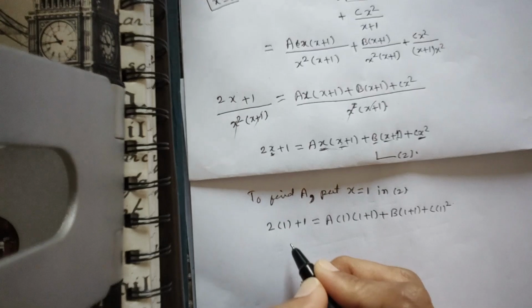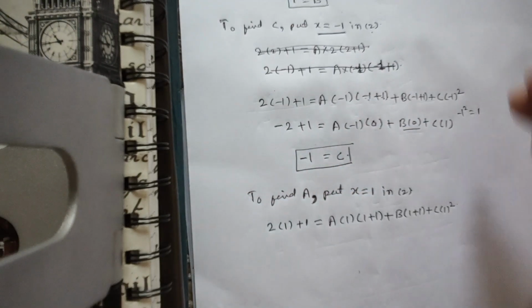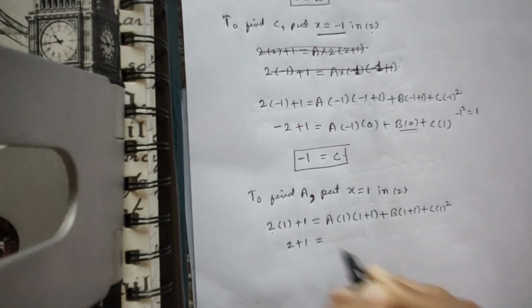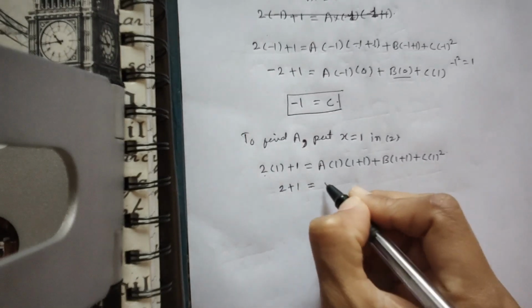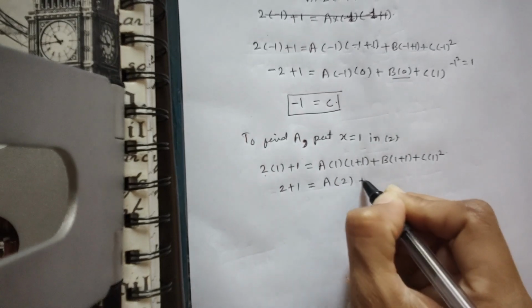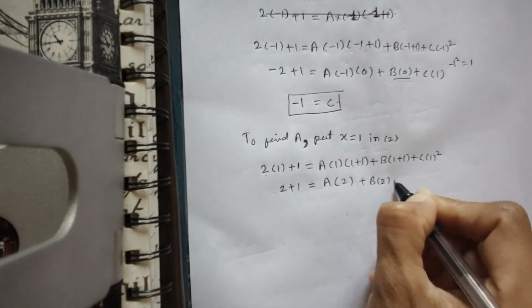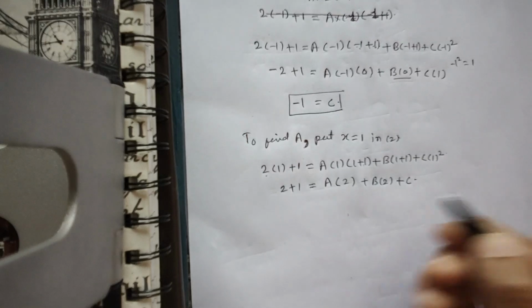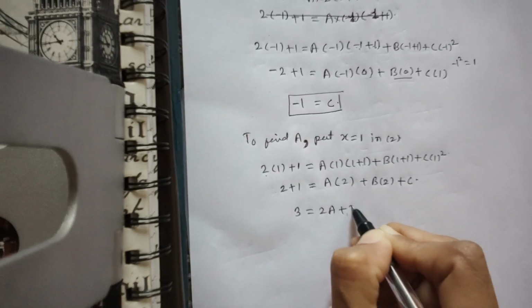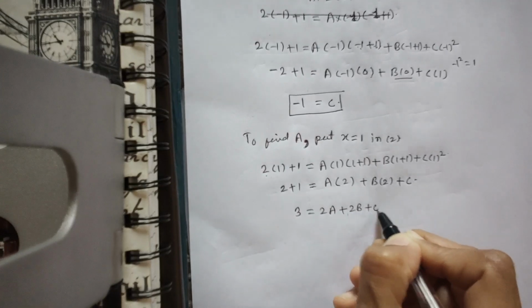So, I'll get 2 into 1, 2 plus 1 equal to a into 2 plus b into 2 plus c. So, 3 equal to 2a plus 2b plus c.